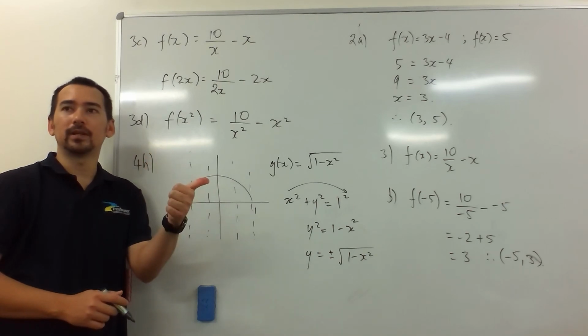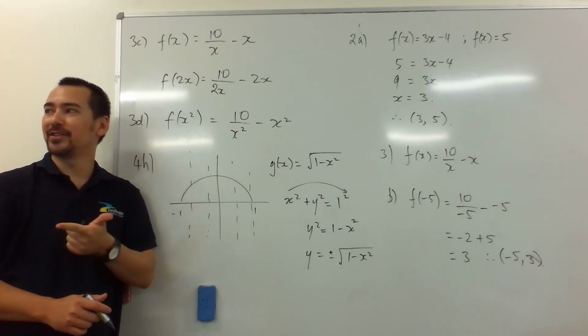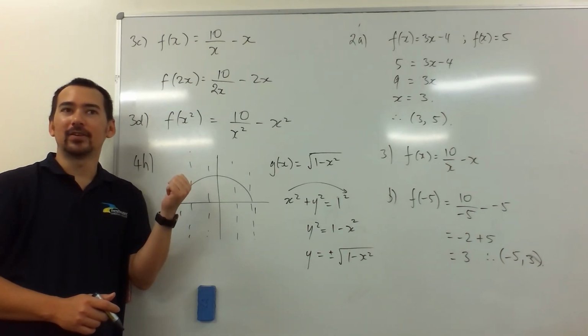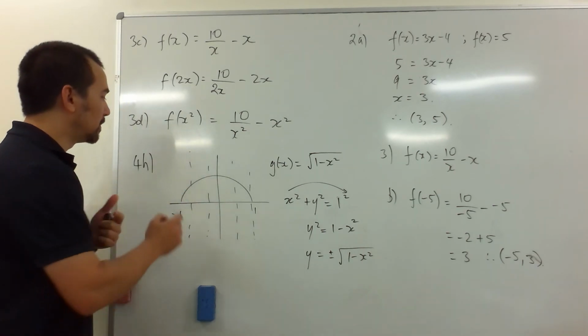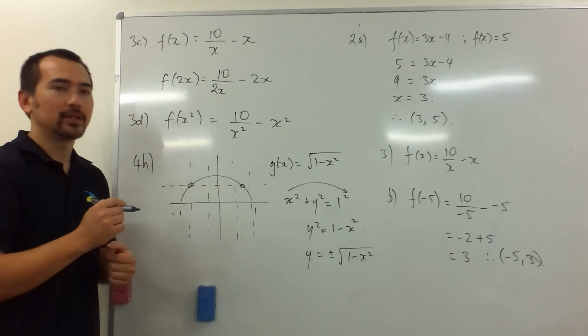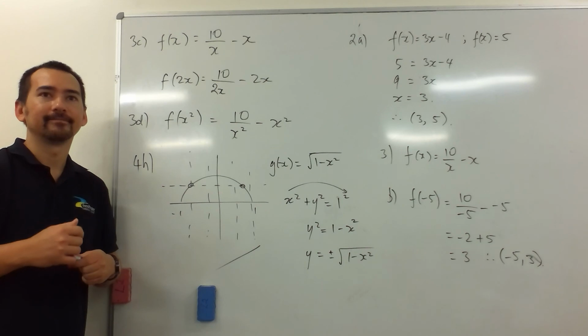It's either a one-to-one or many-to-one. Very good, Toby. What is this scenario? Is this a one-to-one or many-to-one, Bella? It's many-to-one because if we go horizontally, we get many options to the one y value. That's true. Yes?